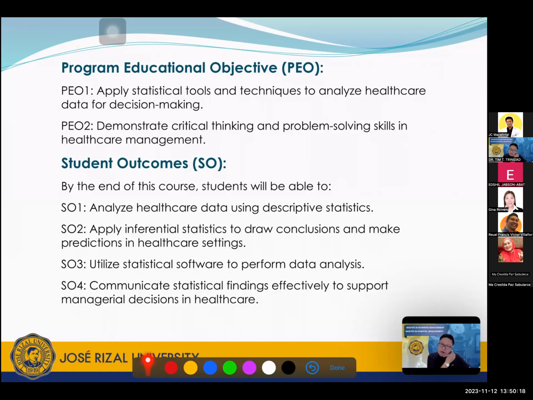So you need sometimes tools na would make your life easier, like for example, Excel, para hindi na kayo maglo-long method. Okay, we will be talking about the applications as well. So last is we expect you to at least communicate your statistical findings effectively to support managerial decisions in healthcare.